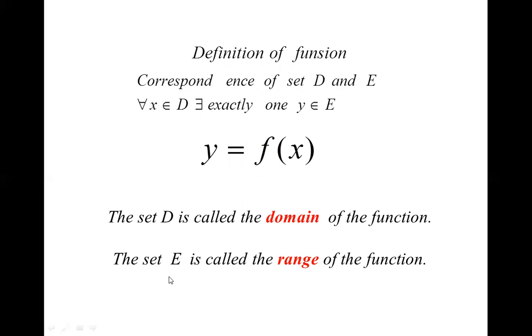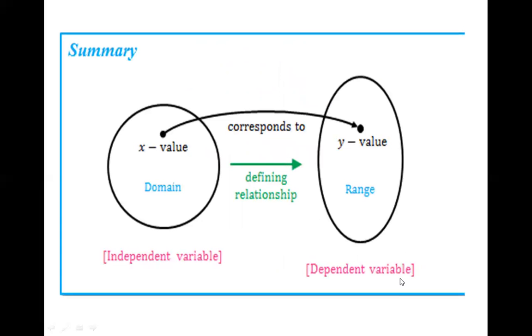The set E is called the range of the function. x is the independent variable, the domain of the function; y is the dependent variable, the range of the function.